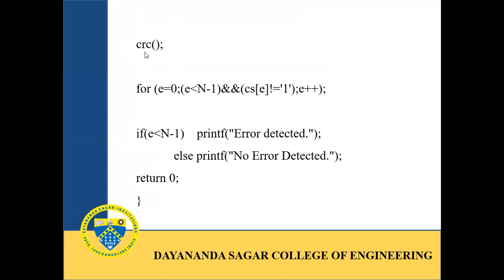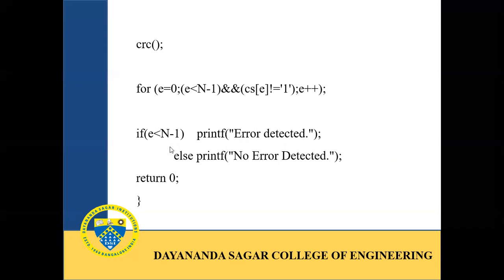So once the error is added, we'll call the cyclic redundancy check function again from the receiver end. So now the receiver end is going to do the same division process and get the remainder. Now based on the remainder, we're going to check how many non-zeros are there. So we're going to count how many bits are not zeros.